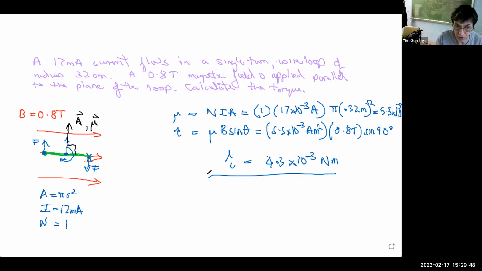We would actually have got zero torque. So when you put a current carrying loop in a magnetic field, the torque depends on the orientation in the field. There's a maximum value, which is simply mu B, and there's a minimum value, which is 0. And so you have to think about the orientation.